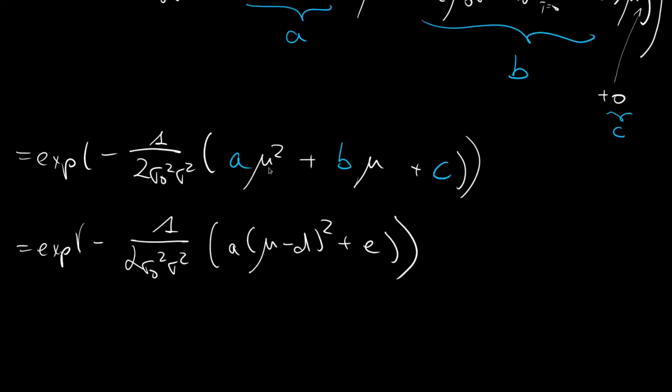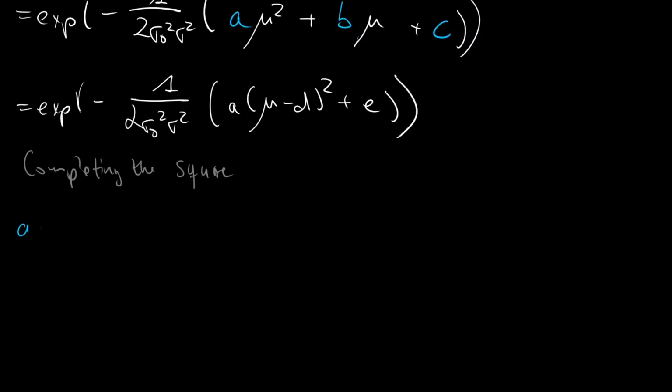And the process of going from this form to this form is called completing the square. And we will use the general results that I derived in an earlier video. For this we have that a is a and d is given as minus b over 2a, and e is given as c minus b squared over 4a.